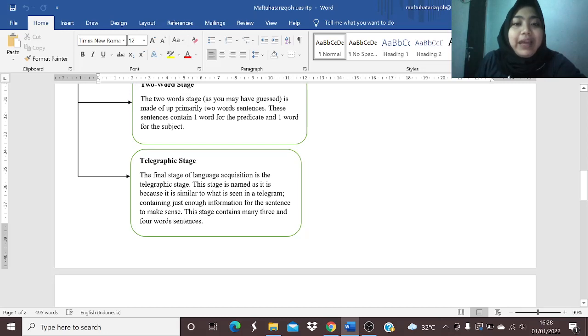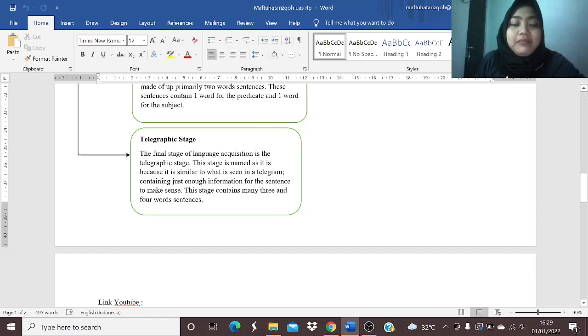And the last is the telegraphic stage. The final stage of language acquisition is the telegraphic stage. This stage is named as such because it is similar to what is seen in a telegram, containing just enough information for the sentence to make sense.